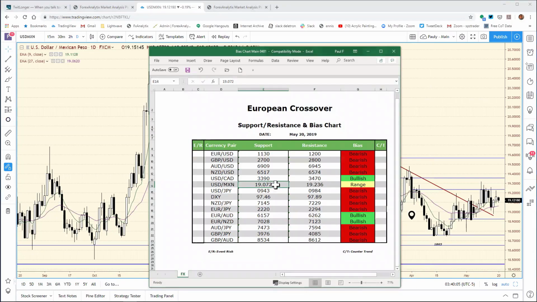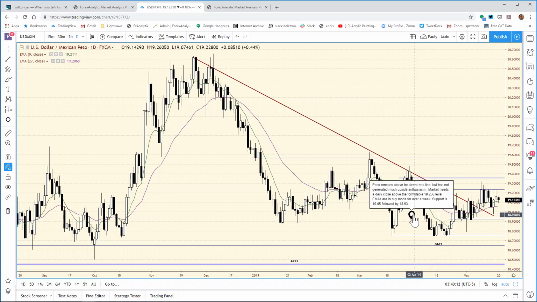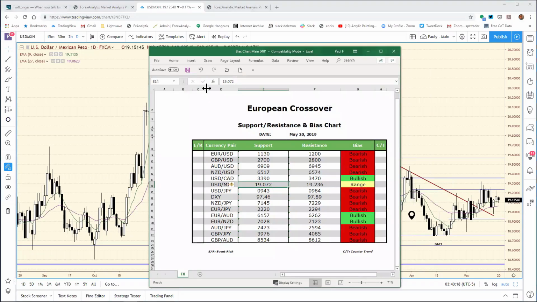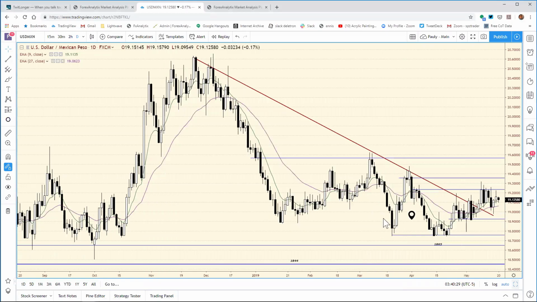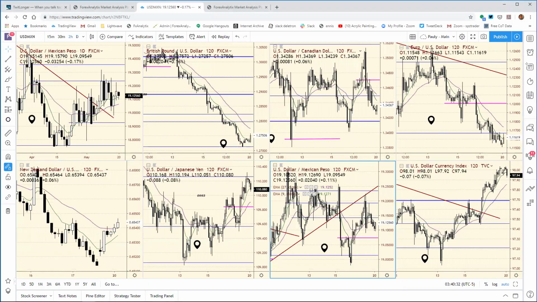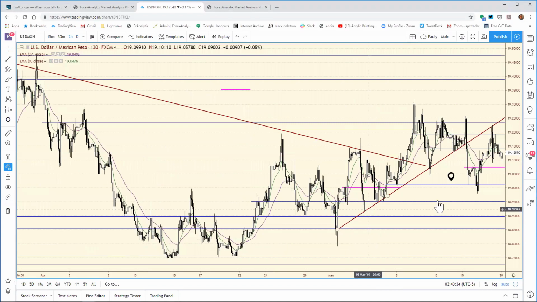And we're saying that support comes in at 1905, followed by 1893. We're just kind of stuck in this little quagmire.